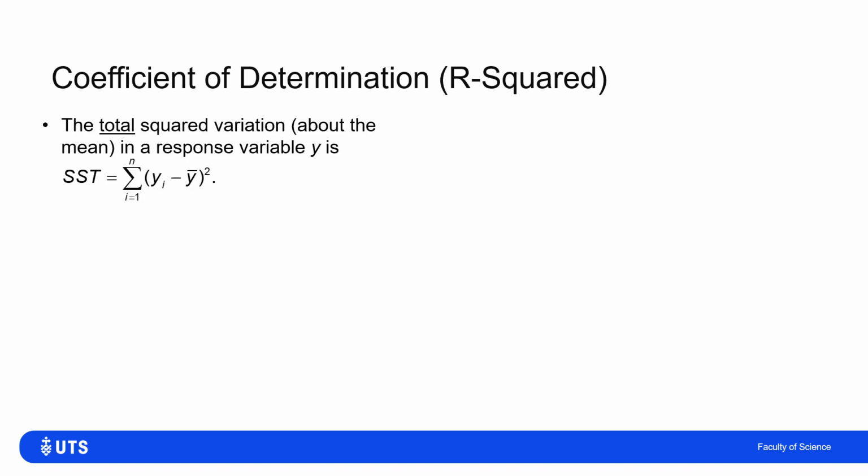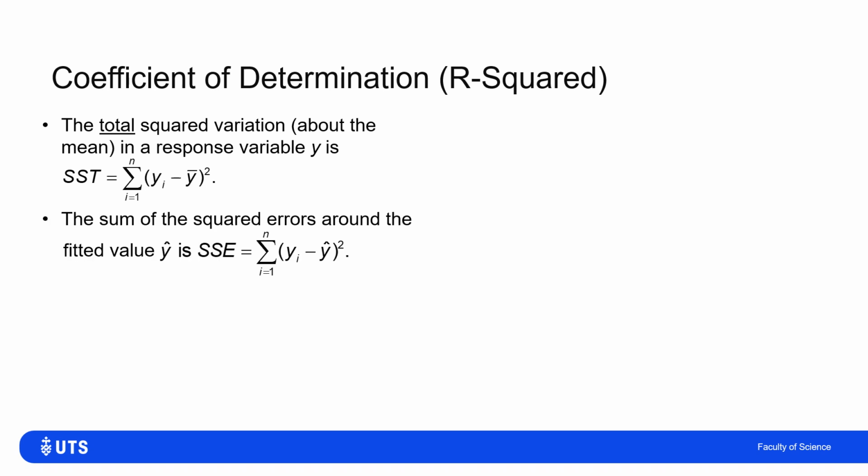We now need to introduce a bit more statistical definition and notation. So if I've got a data set, I can calculate the total squared variation around the mean as SST, so the sum of the squares in total. So this is squaring how far above or below the mean each observation is, so the sum of yi minus y bar squared.